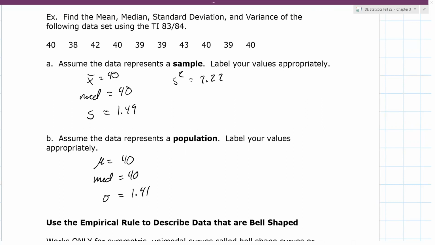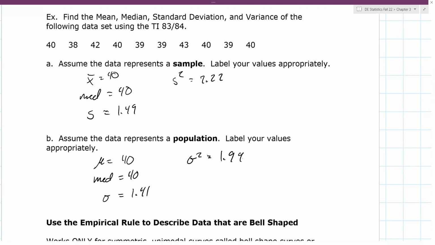And so you have to be very careful about whether or not your data set is talking about a sample or a population when dealing with standard deviation. And then again, for our variance, sigma squared, 1.41 squared gives us 1.99.